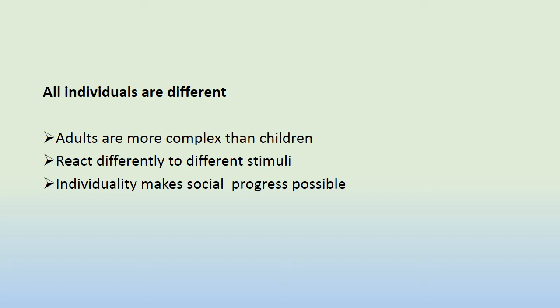We need to consider that adults are more complex than children. When we say that adults are more complex than children, we mean that adults possess various beliefs and attitudes, and their thought process is greatly governed by their social experiences. Therefore, they are more complex than children.